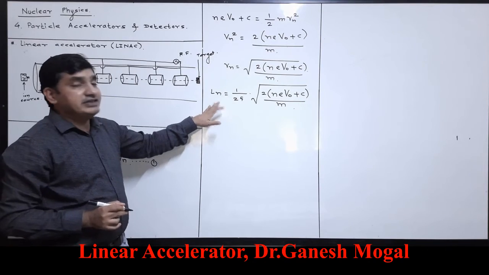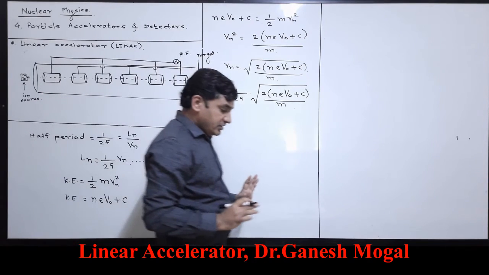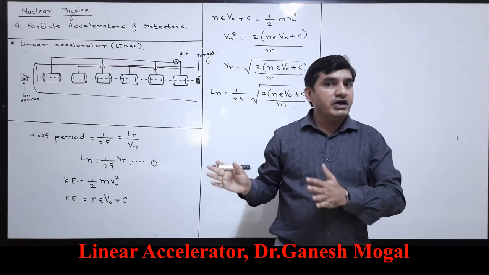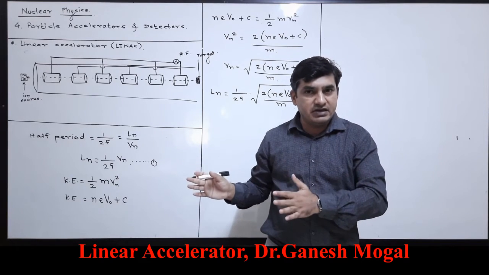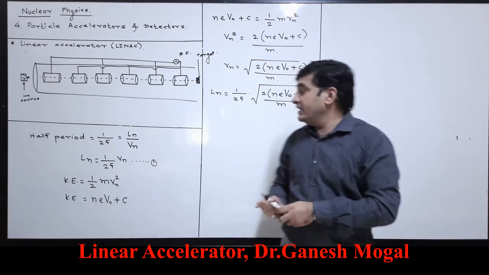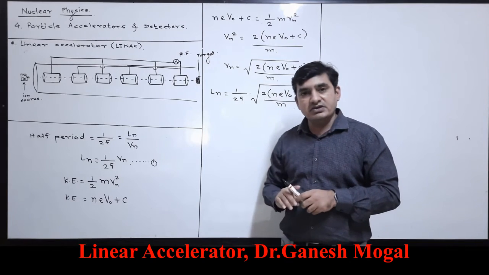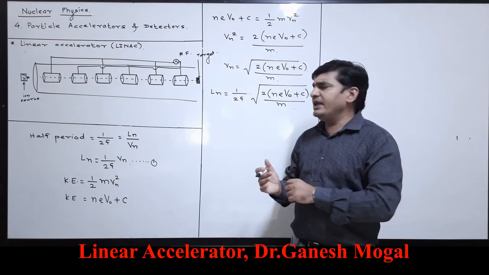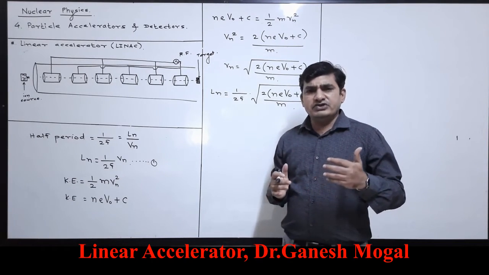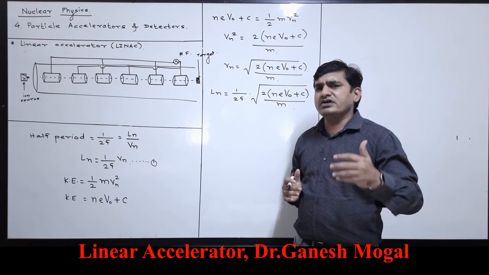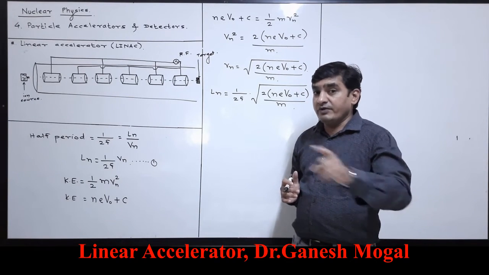So this is the length of the nth electrode or cylinder in terms of the frequency. Now we have to find the length of this cylinder or electrode in terms of the wavelength.